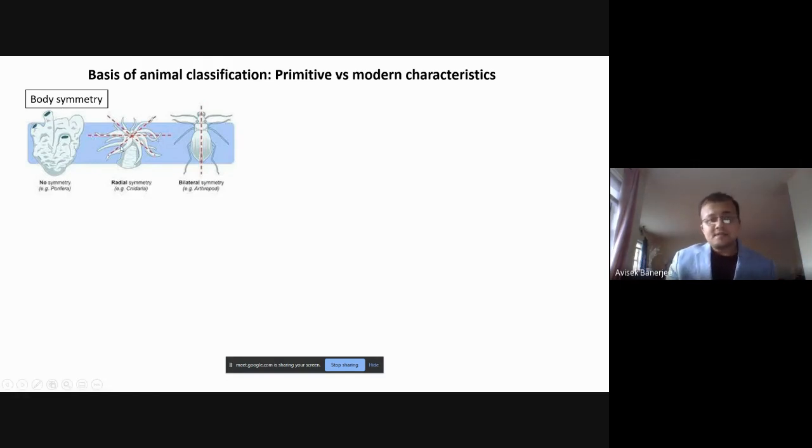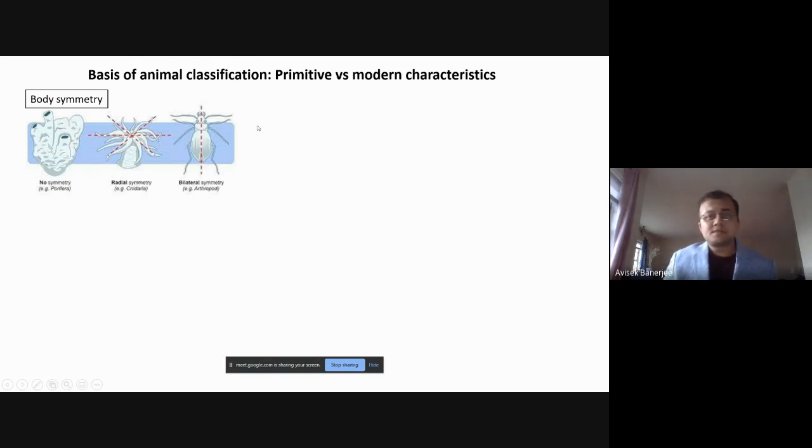These animals are called radial symmetry because they can be divided into several equal halves passing through the center axis of the body, okay? And these animals have bilateral symmetry. That means they can be divided only through one single plane. Now, to a zoologist, this is very easy.